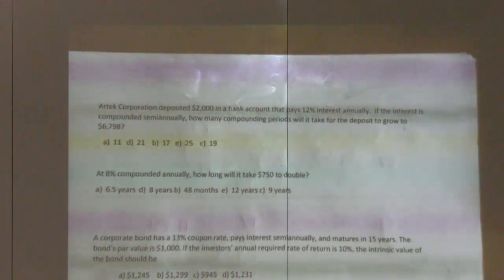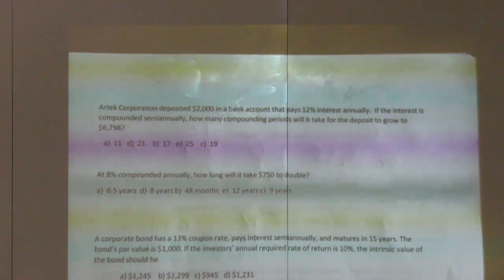Alrighty. So let's see here. Cool. Now we're solving for how many compounding periods it's going to take to grow this money. So we deposited 2,000, so we can make PV negative 2,000. It's going to pay you interest of 12%.